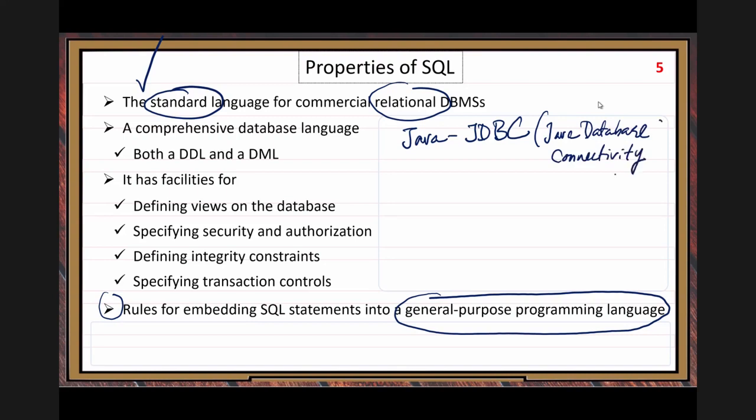Java tried to use a more efficient way to handle DBMS communication. So what's that efficient way? It creates two sets of interfaces.